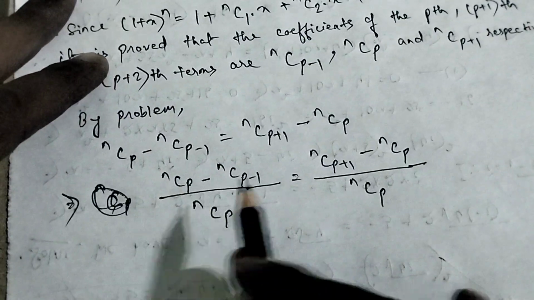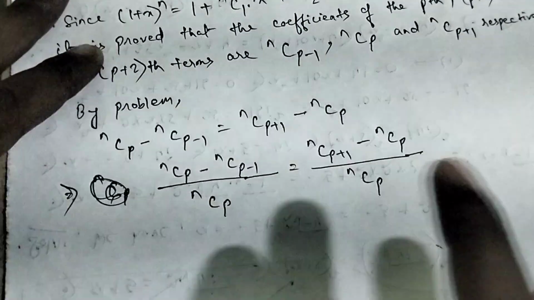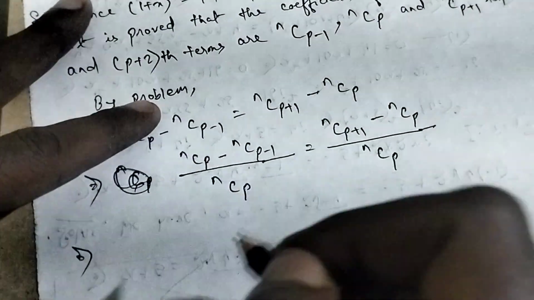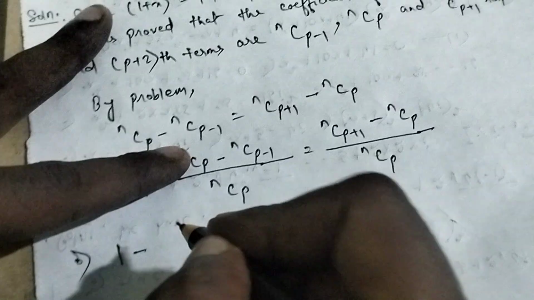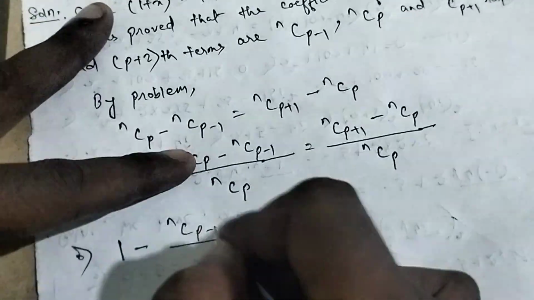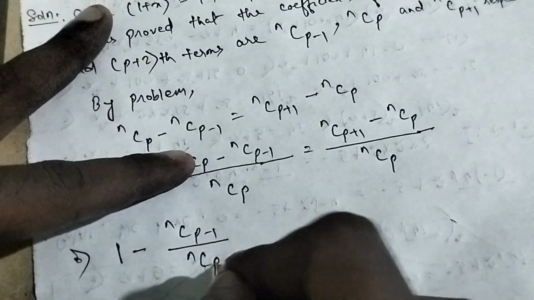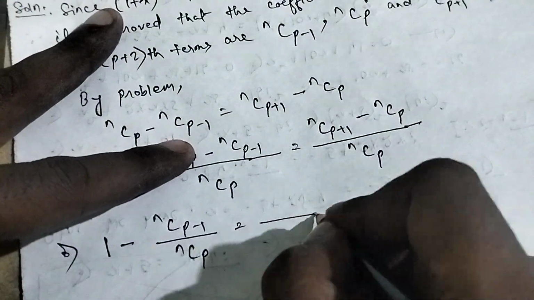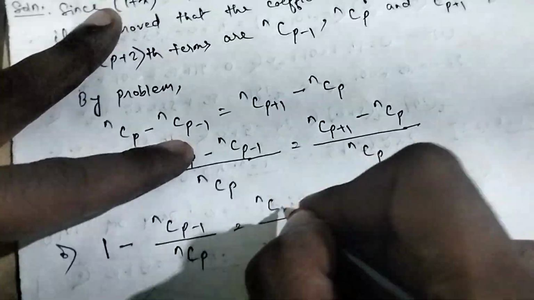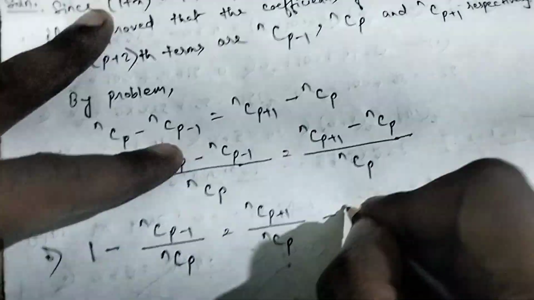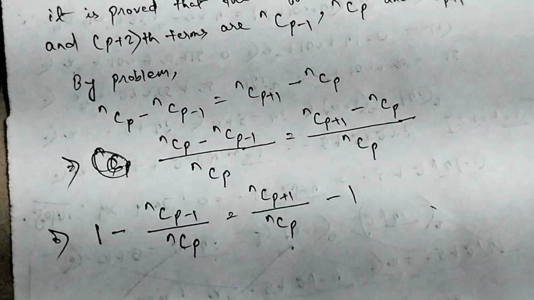So what would it be? nCp by nCp would be 1 minus nC(p minus 1) by nCp is equal to nC(p plus 1) by nCp minus 1. Clear?